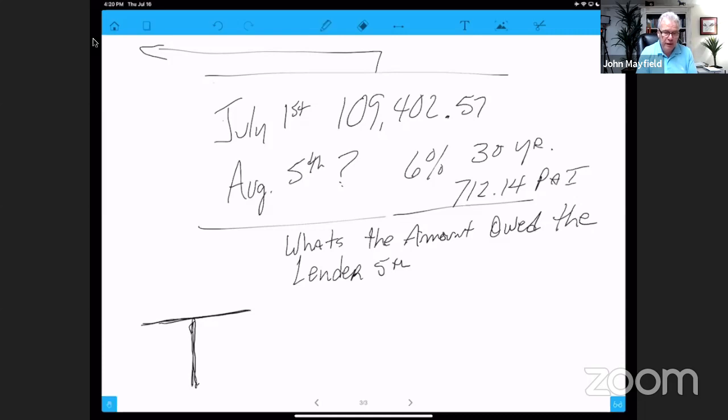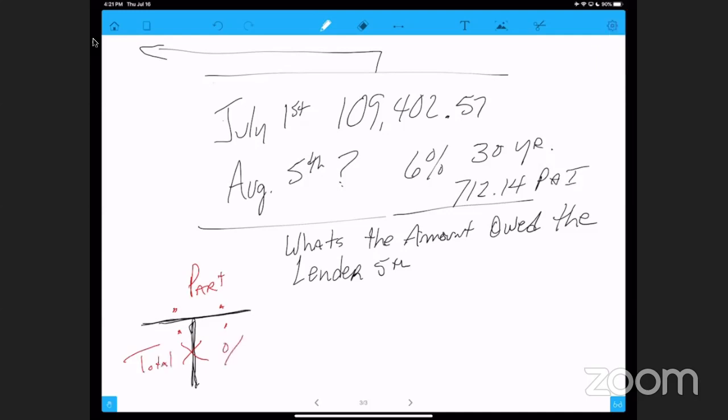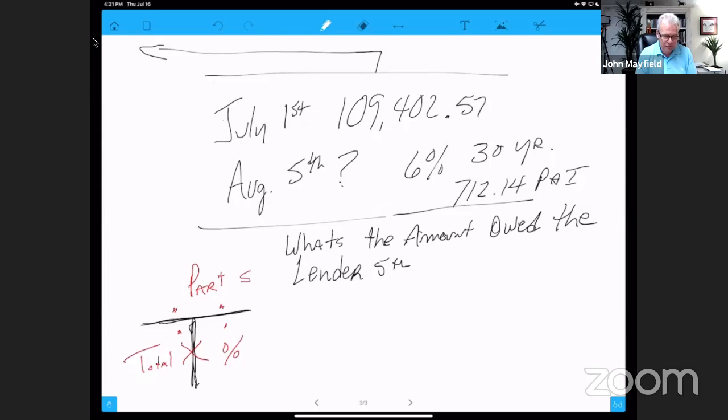We put a little T here, and we put a multiplication sign there and a division sign here. And we have 3 parts to the T problem. We have part, total, and percent. Now, I like to look at these as the smaller number, the bigger number, and the rate percent.